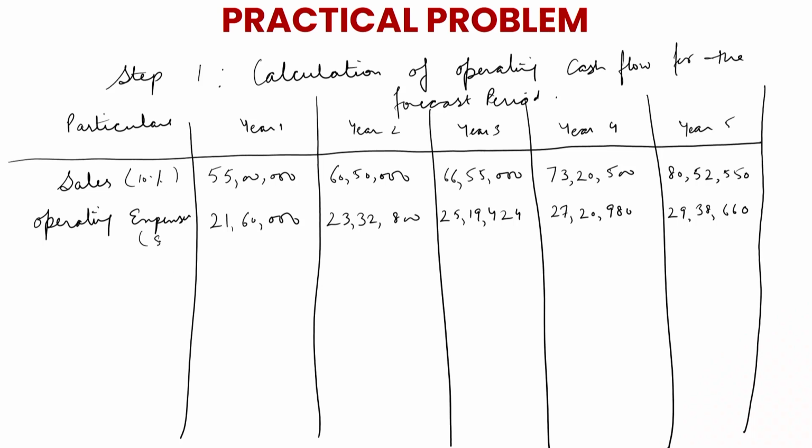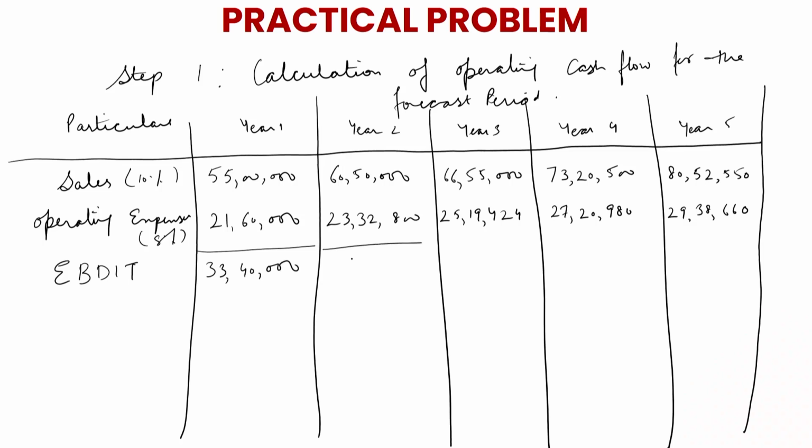In sales, we showed the 10% growth. In operating expenses, we showed a growth of 8% as given in the question. So after deducting operating expenses from sale, we got the figure of EBDIT, which is earning before depreciation, interest and taxes. So we got the balancing figure here, 33 lakh 40,000.